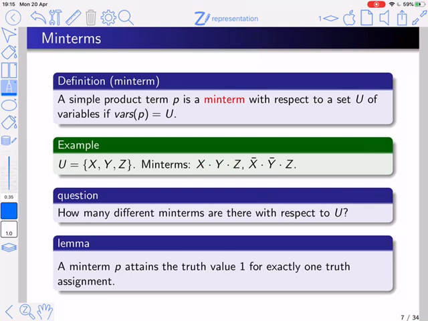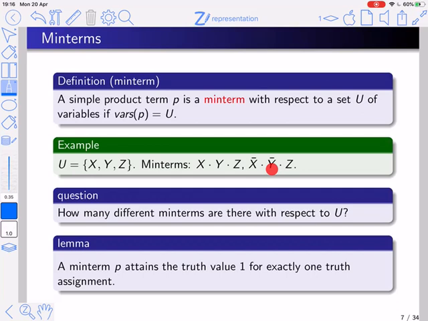So there's exactly one truth assignment over the variables x, y, z that satisfies the minterm x and y and z. What about this minterm, not x and not y and z? If I want this minterm to be satisfied, I need every literal to be satisfied. So the literal not x is satisfied if the truth value of x is 0.